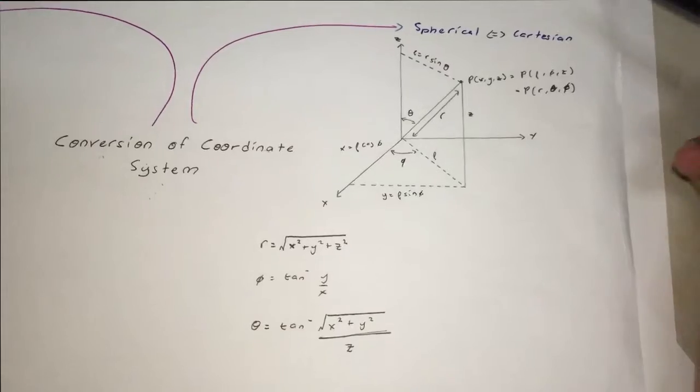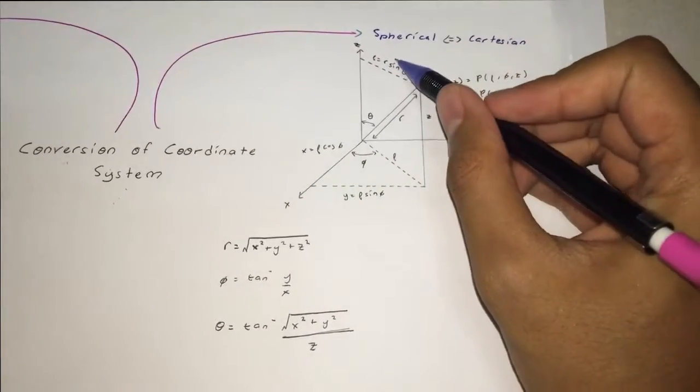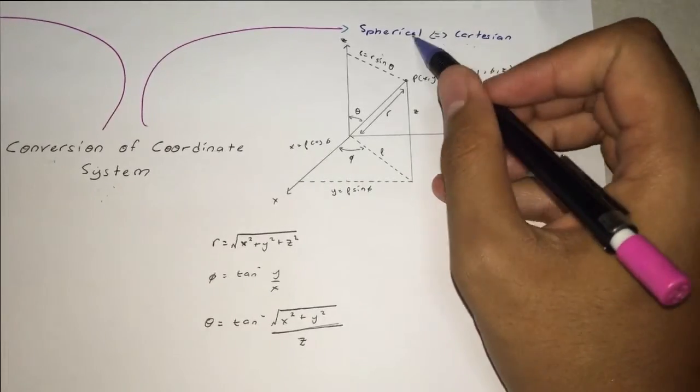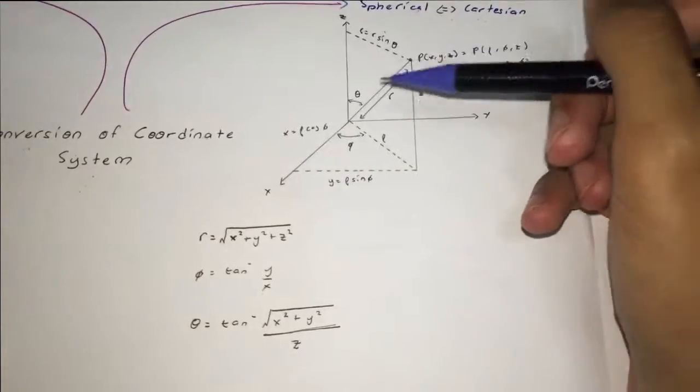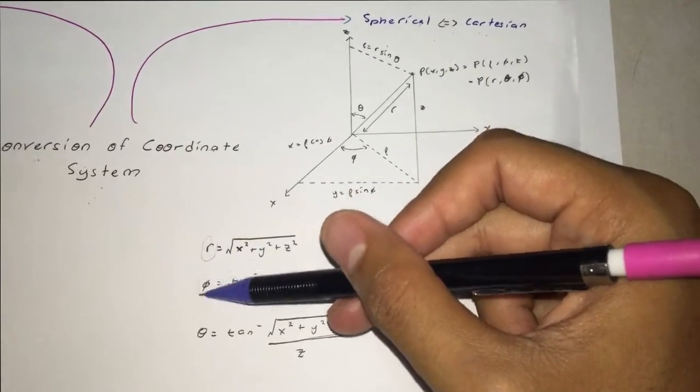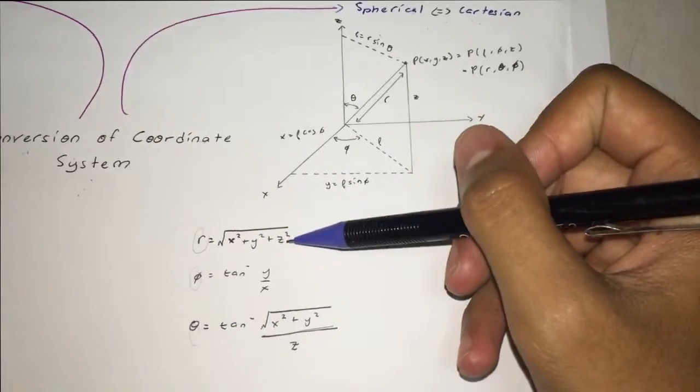After that, point number 2 is spherical to Cartesian and or Cartesian to spherical. We can get the values of r, phi and theta from the formulas.